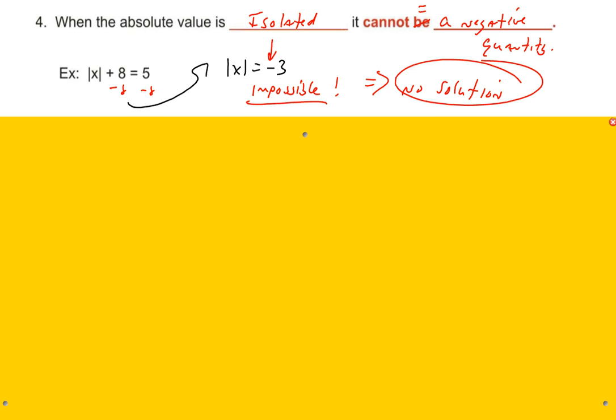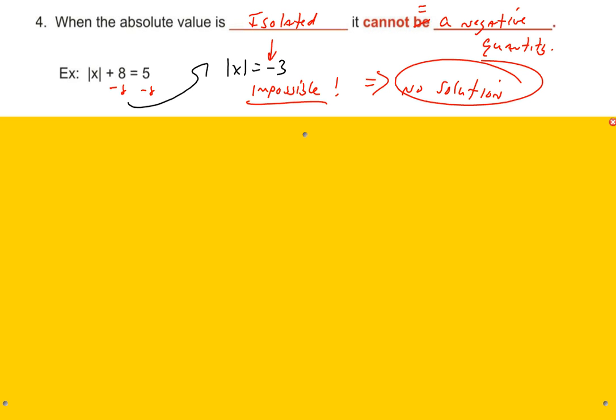Now remember, notice what I said. When the absolute value is, what's that word? Isolated. You've got to wait until it's isolated before seeing if the other side's a negative. If the other side's a negative, it's no solution.